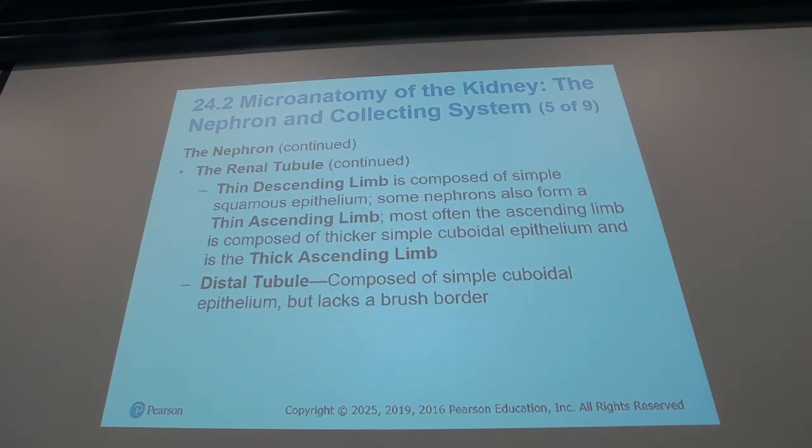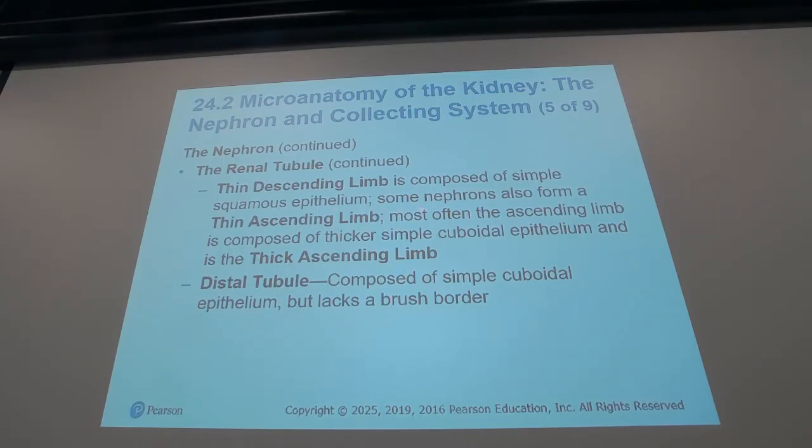And now for the loop of Henle, we have a thin descending limb where you have simple squamous epithelium. And then we have a thick ascending limb, which has thicker simple cuboidal epithelium. So in the simple squamous epithelium we have faster transport of molecules.